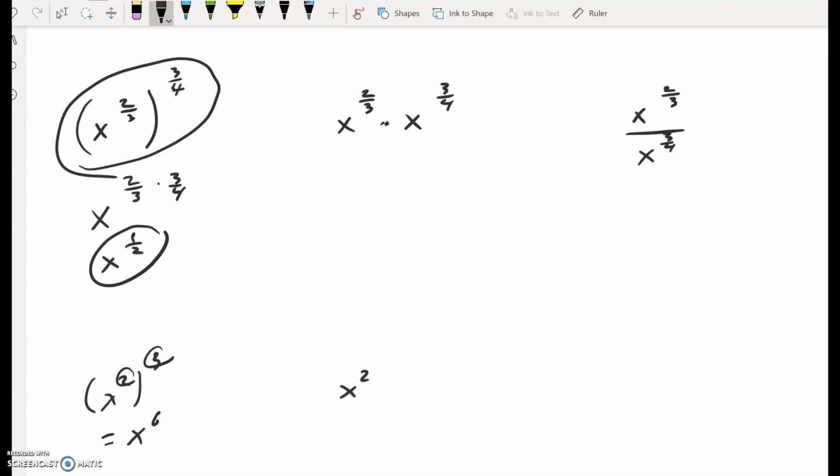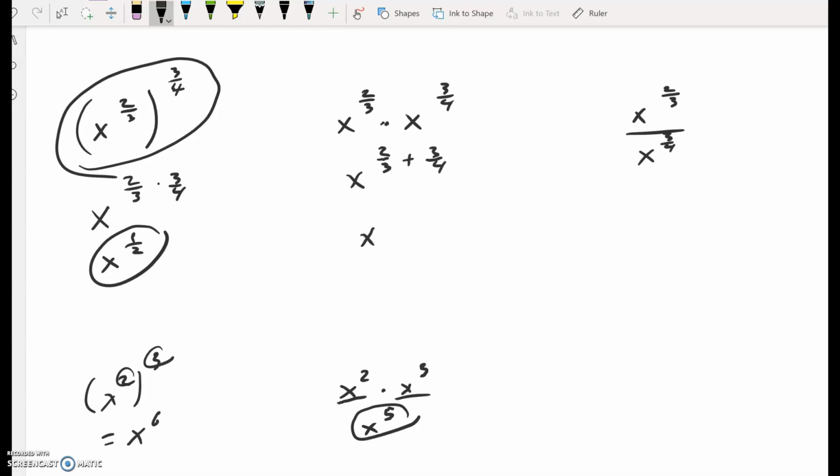Here, when you're multiplying things that have like bases, we learned from before that you could add exponents. 2 plus 3 would be 5. So this is 2 of them, 3 of them. Altogether, you're multiplying 5 of them. So that means this will be x to the 2/3 plus 3/4.